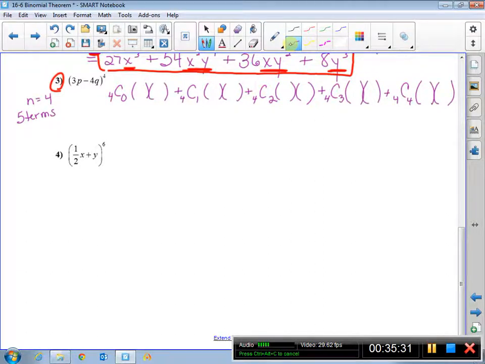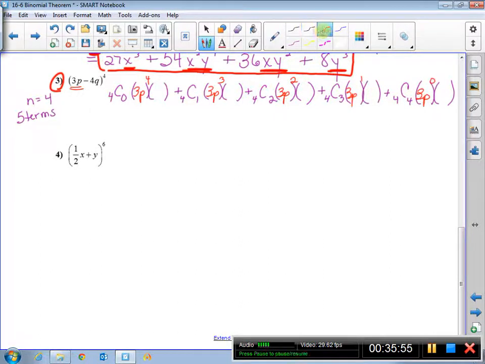What goes into parentheses? So I'll grab a different color. 3p is first, all the way down. And my exponents start at 4, 3, 2, 1, and 0.